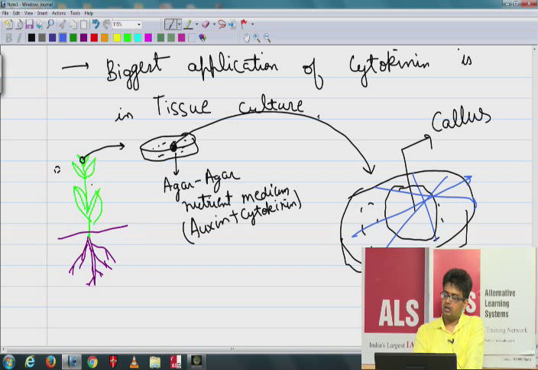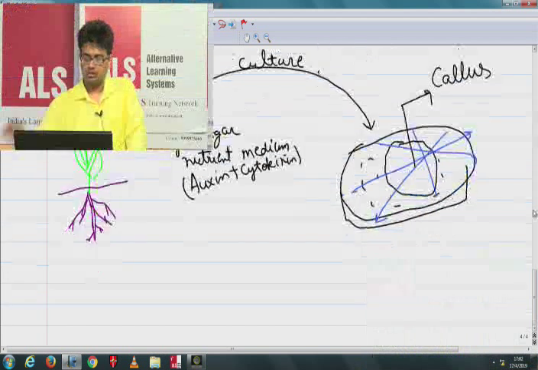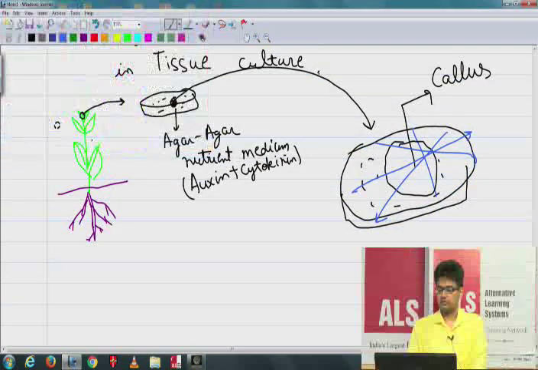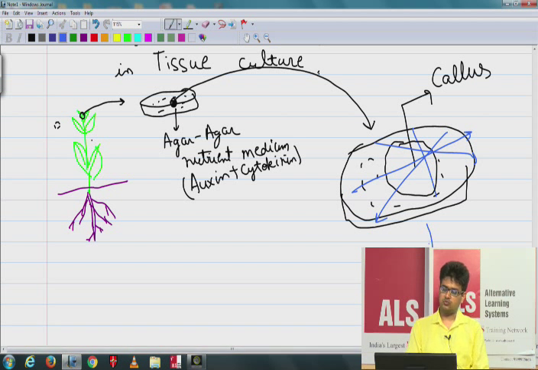Now each part can produce a new plant. I take this one tissue sample and I can use it to make a new plant.